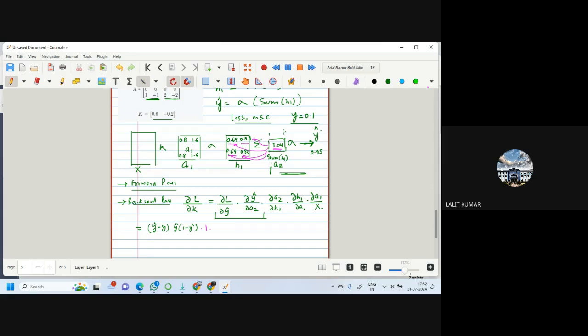Now we come to del H1 by del A1. H1 is equal to sigmoid of A1. Therefore, we know del H1 by del A1 will become H1 into 1 minus H1, the sigmoid derivative. So this we can write here 0.69, 1 minus 0.69. This will become 0.83, 1 minus 0.83, and the same figures will come here.